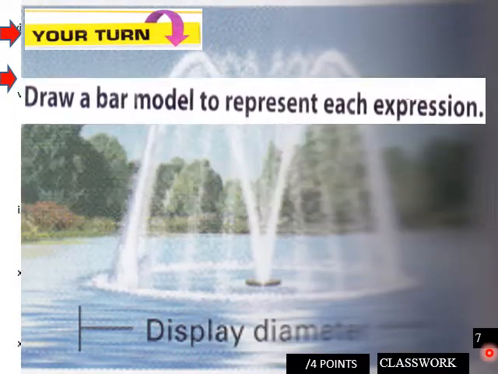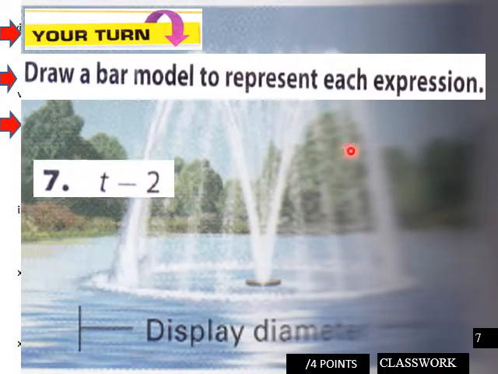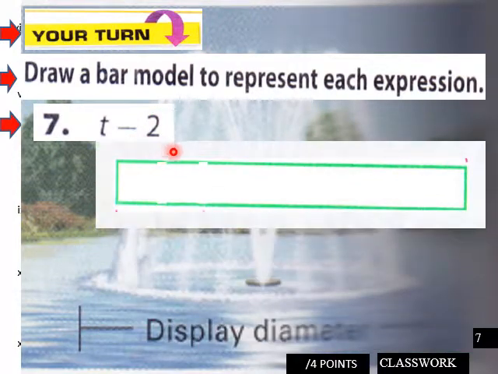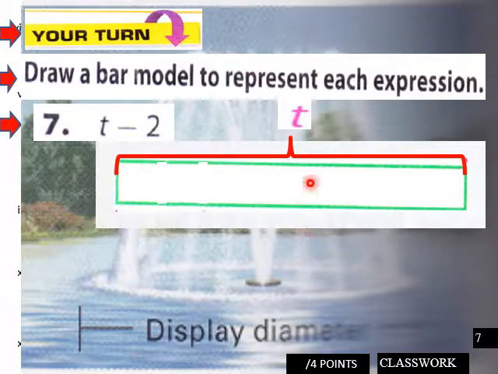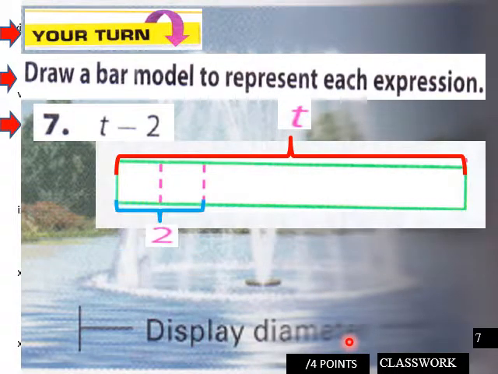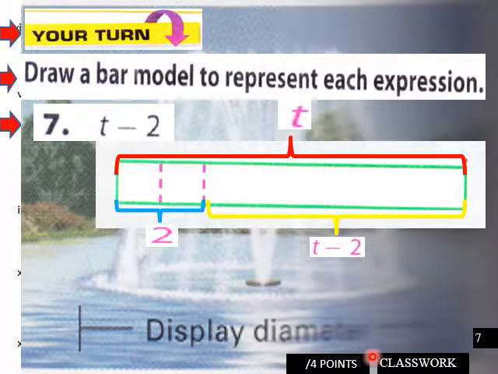And then page 7 of our classwork: draw a bar model to represent each expression, t minus 2. Students, here's t, and then there's 2. T minus 2 would be this. Here is t minus 2. So you see how that works with using a bar model.